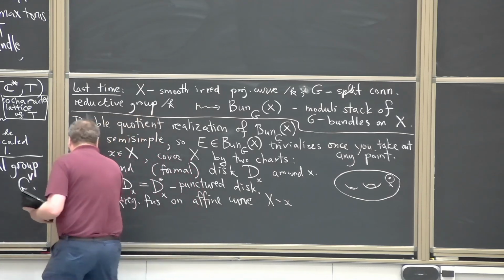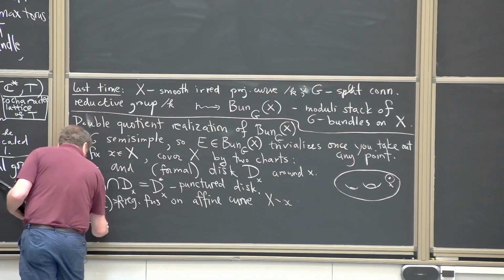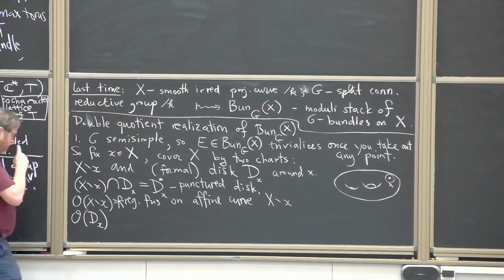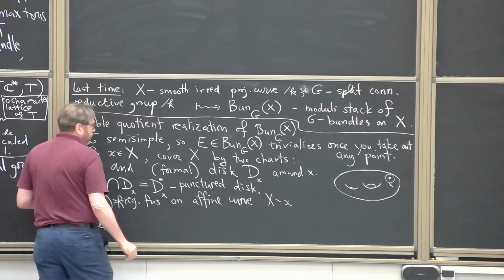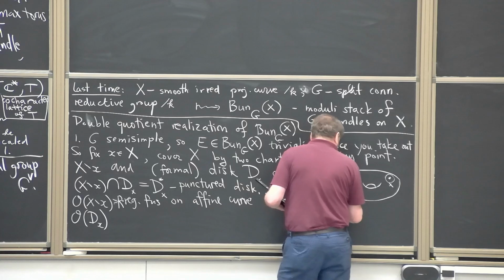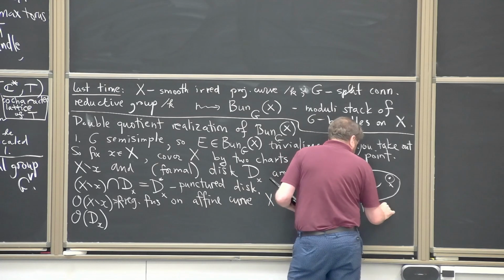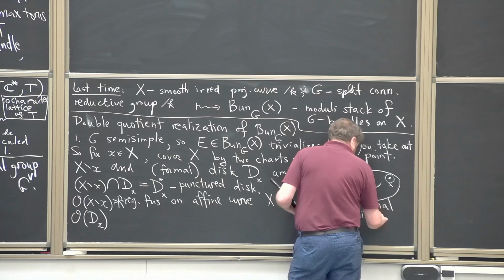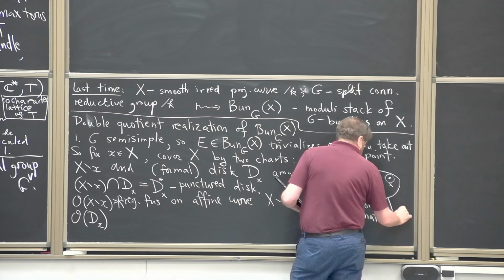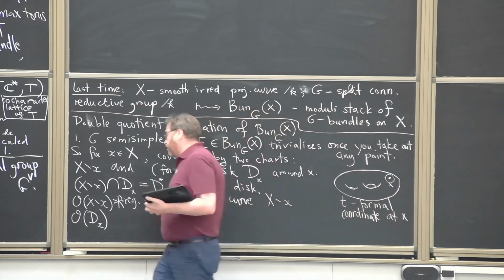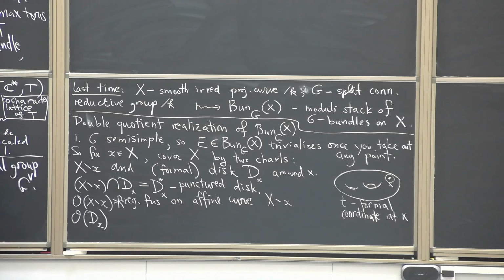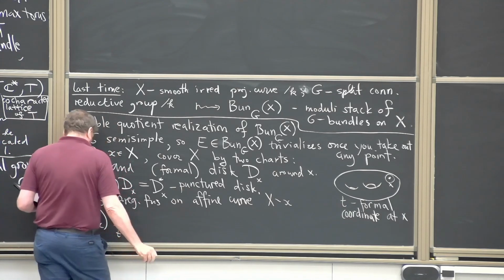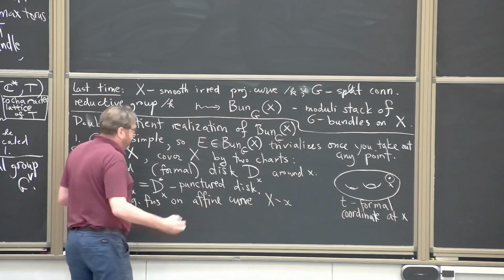And then O of dx is functions on the formal disk, which is the following: if you choose a coordinate on this disk, so if t is a formal coordinate at x. For example, you can choose an ordinary coordinate and view it as a formal coordinate. Then O of dx is identified using this t with functions on the standard disk.